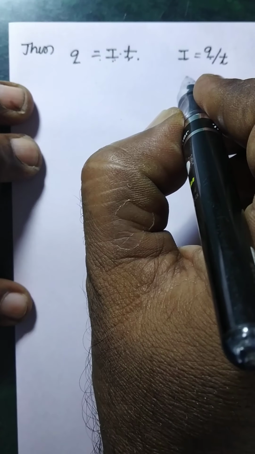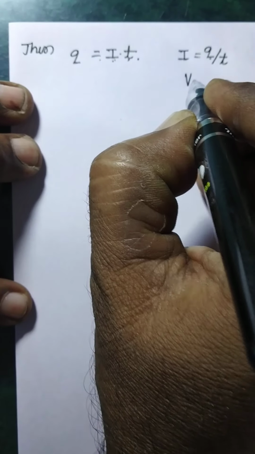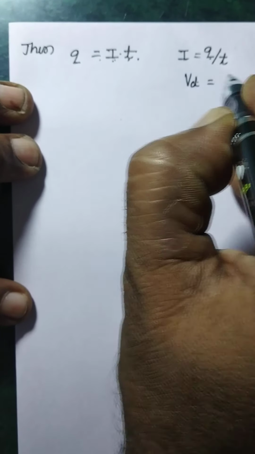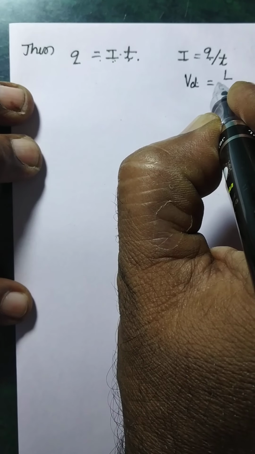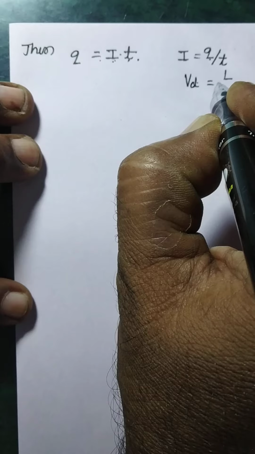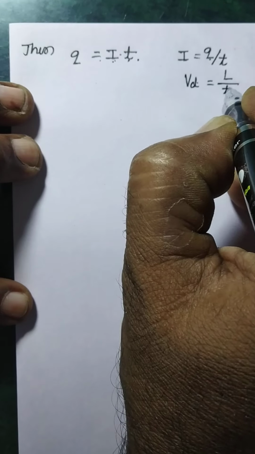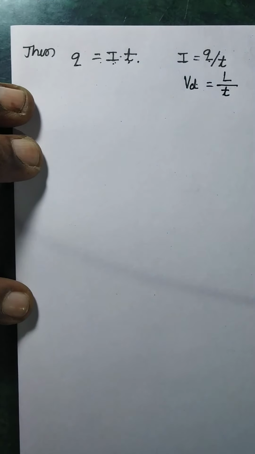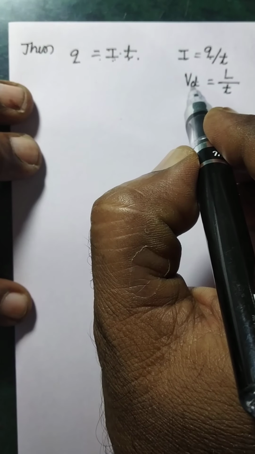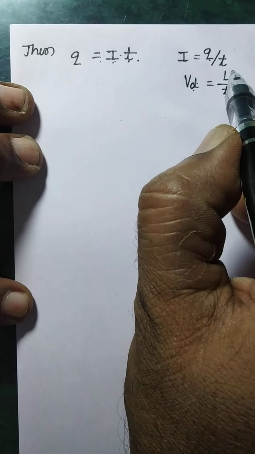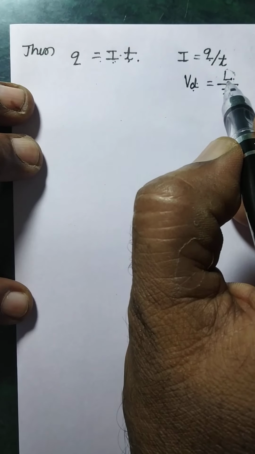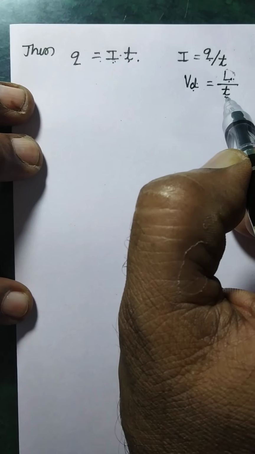But drift velocity, that is velocity, is equal to the distance covered by the charge per unit time. Drift velocity is nothing but distance divided by time. म्हणजे चार्जला समजा एवढी लेंथ कव्हर करण्यासाठी, एवढं डिस्टन्स कव्हर करण्यासाठी लागणारा टाइम टी.